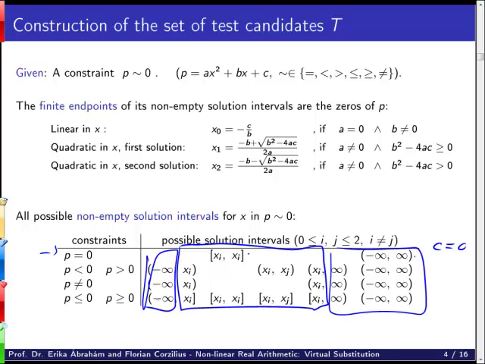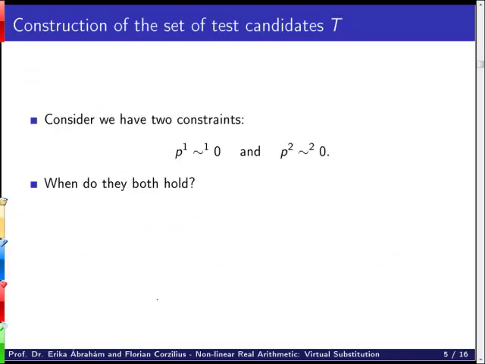Good. Now, how can we find out whether two constraints together hold? I mean, for one constraint, we have seen that we can construct the solution space. For the other one as well. So if we want to see if two constraints hold, we know the solution space of both.